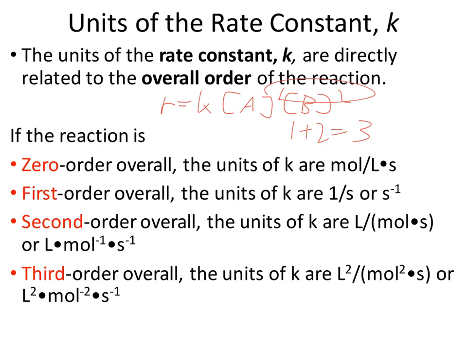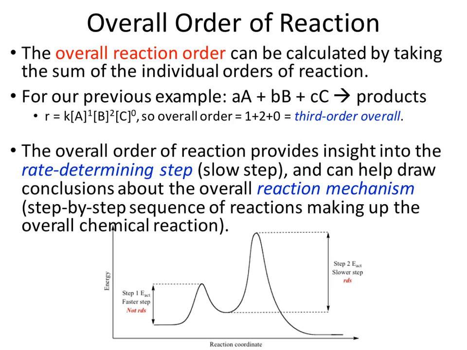And our third order reaction, well, look at that. For third order overall, the units are liters squared per mole squared per second, and that's exactly what we saw before. So if we know the overall order, we can also determine what the units of K are going to be. Now, please don't memorize these. Try to work them through like we just did in the previous example. That's the best way of learning this.